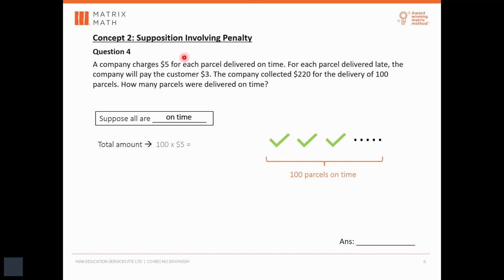So 100 times $5 is $500. But the company only collected $220. So I need to remove too much. The extra that I need to remove will be the difference between 500 and 220. So 500 minus 220 will give us $280.